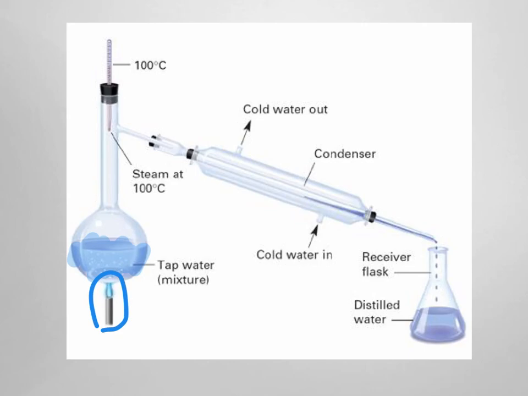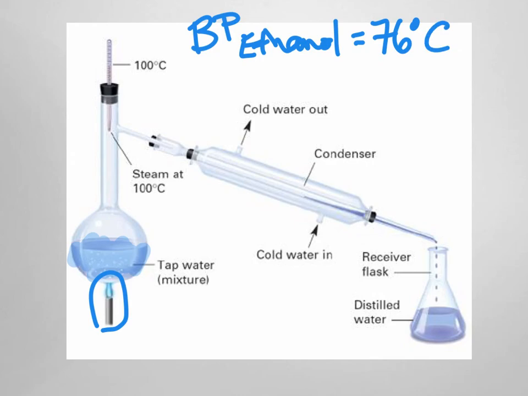This is distilling water in a sense, but if it was a mixture of ethanol and water, what would happen is the ethanol, which has a boiling point of 76 degrees Celsius, the ethanol molecules will begin to boil and go into the vapor phase before the water does, because the boiling point of water is 100 degrees Celsius.